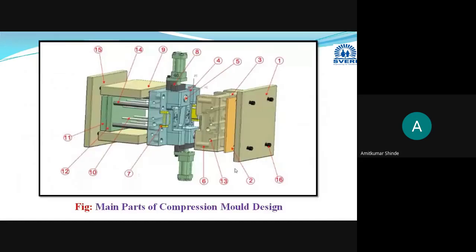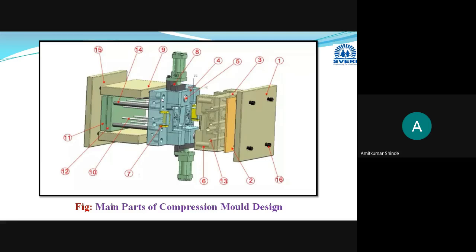Now the next is the core plate. This is the core plate. Due to this core plate, it will help you in the opening and closing of that mold. What is the function of this core plate? It will help you to open the mold when you want to remove the material after the part is manufactured, and to close the mold to manufacture that particular part.